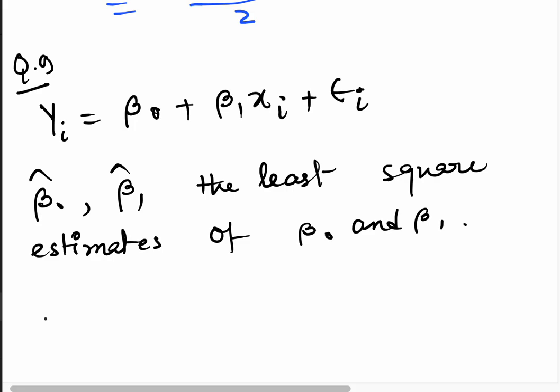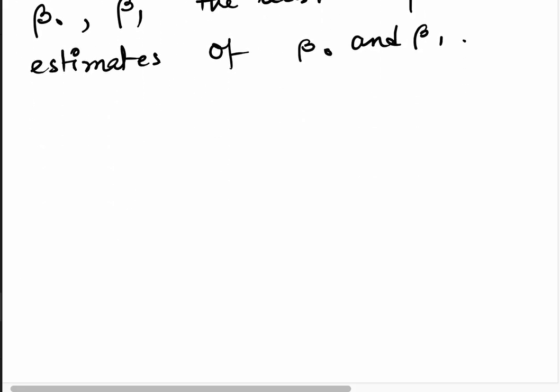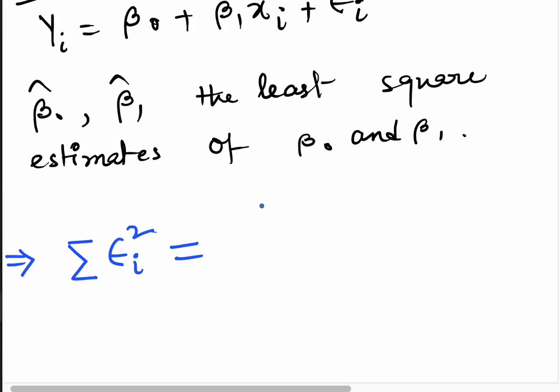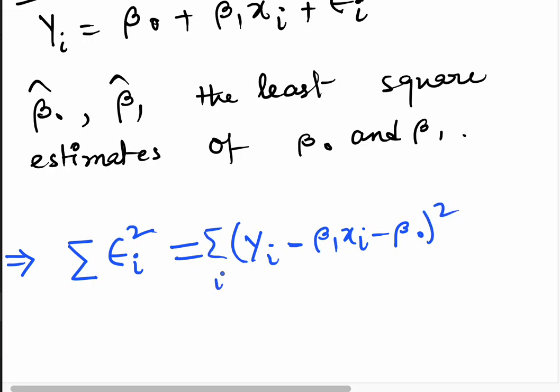We have to sum up the squared errors, epsilon i square, so that is nothing but the sum over i of yi minus beta 1 xi minus beta 0, whole square.